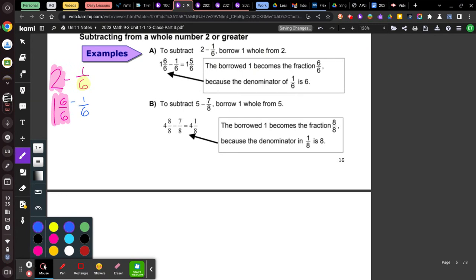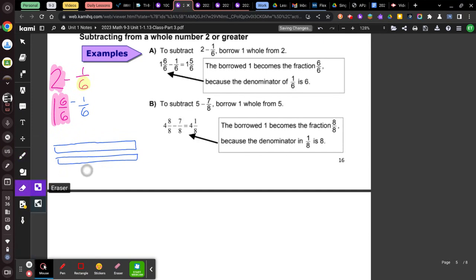So if I were to draw my rectangle, this is what I've got. Well, actually, I only need 2 of them. So I've got a full 1, and then I've got 6 here shaded. Now it says remove 1.